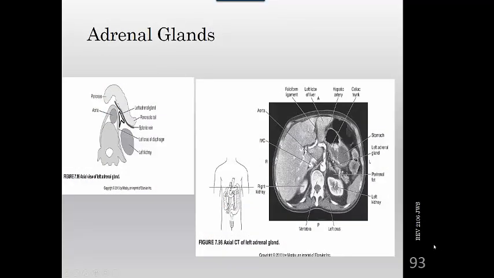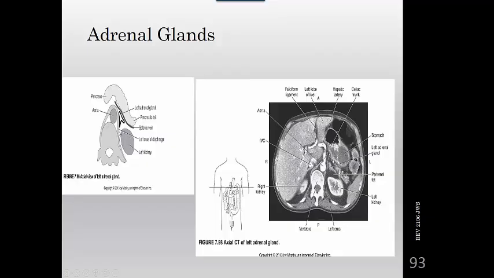So on a CT axial slice, here's a diagram of this image here. You have the left kidney, and then the adrenal gland kind of sits right up here on top of it, but in between there's fat. The reason why it's not connected right here to the kidney is because of this area of perirenal fat that is on top of the kidney that separates the adrenal gland from the actual kidney parenchyma.